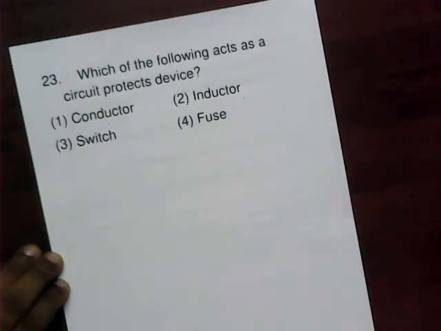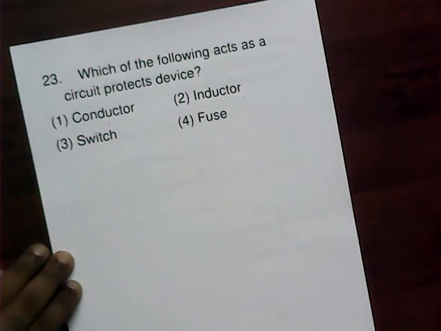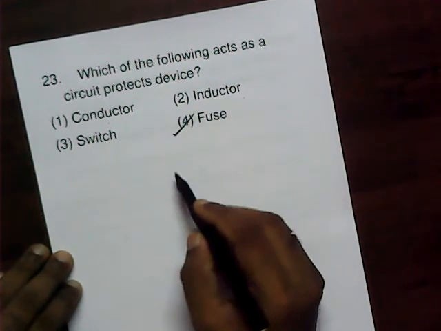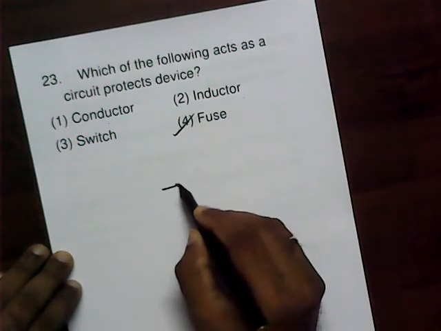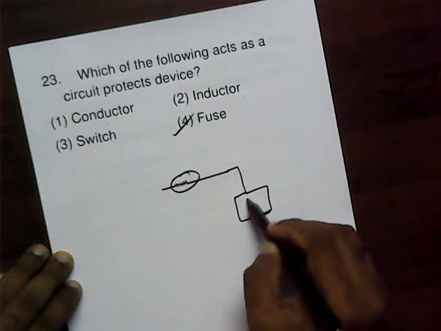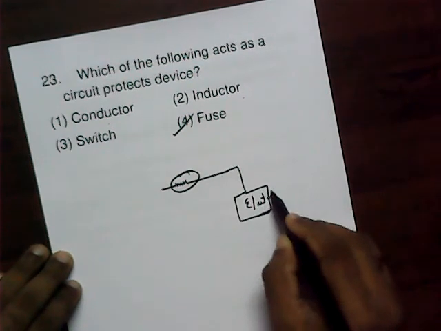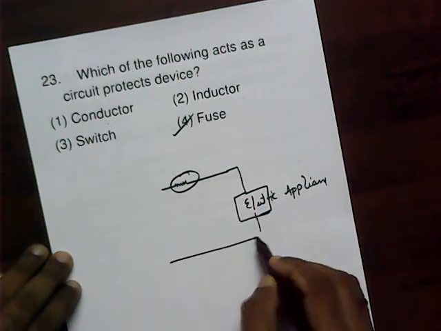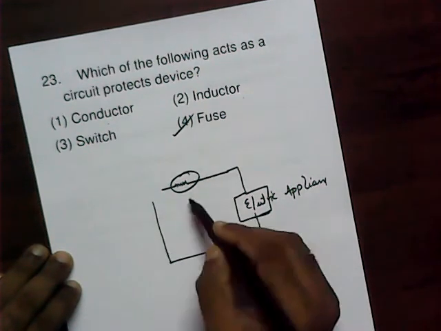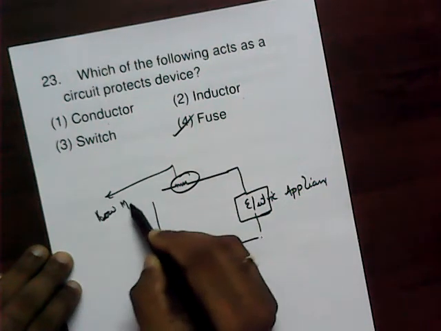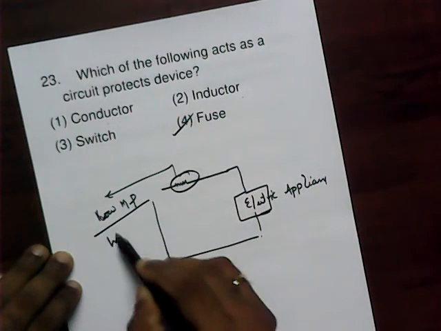Number 23. Which of the following acts as a circuit protecting device? So it's a good concept, and keep in mind, it is a fuse wire. The fuse wire is connected in series with the electrical appliances which are to be protected. And keep in mind, the fuse must have a special property: it should have a low melting point and high resistance.